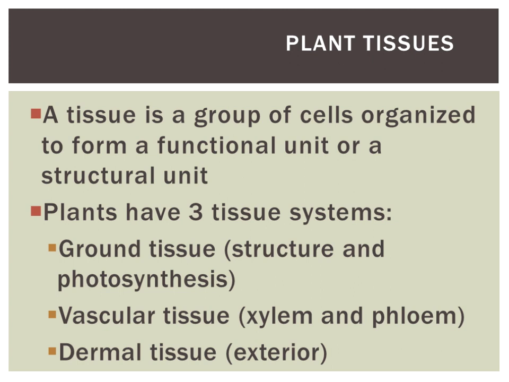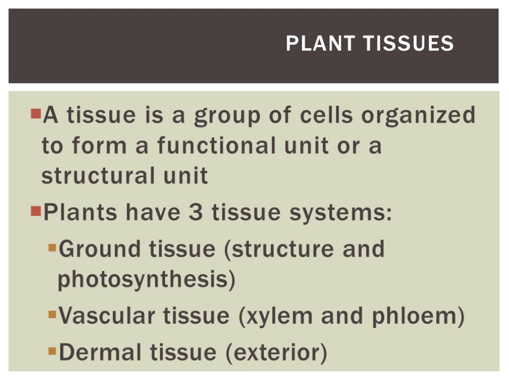Vascular tissue is the tissue that is involved in the movement of the water and the food. So you're going to see a good amount of this in the stem. And the two main vessels, kind of like how in humans we have veins and arteries that deliver our blood, the vascular tissue in plants is xylem and phloem.